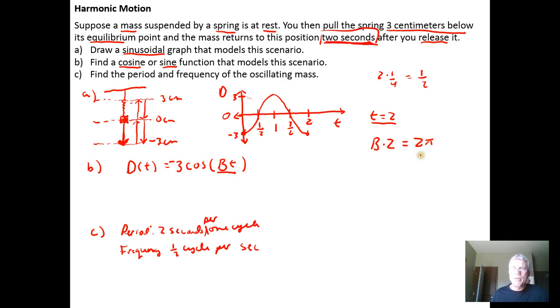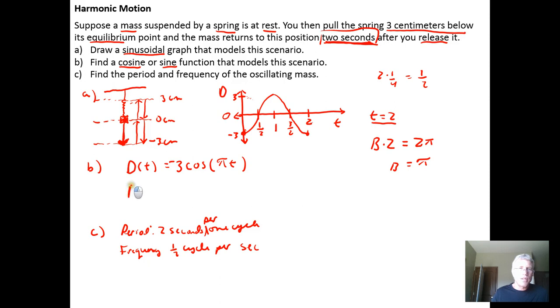Divide both sides by 2. We see that b needs to equal pi, so we'll update the model with pi. And again, this would be omega instead of b if we were in a physics textbook. So this is a cosine model for the situation.